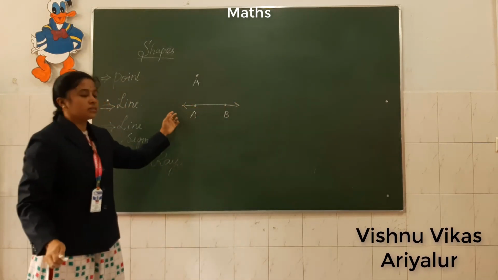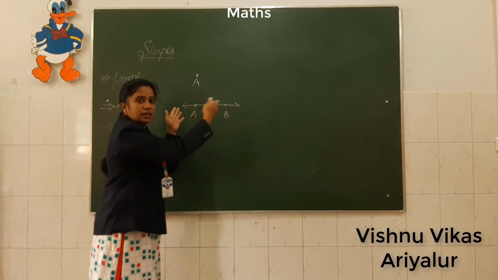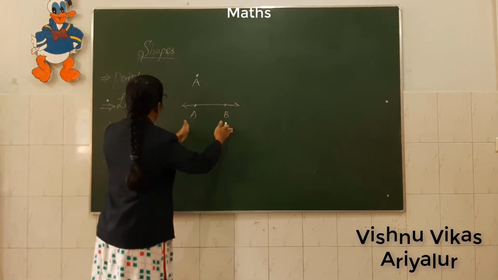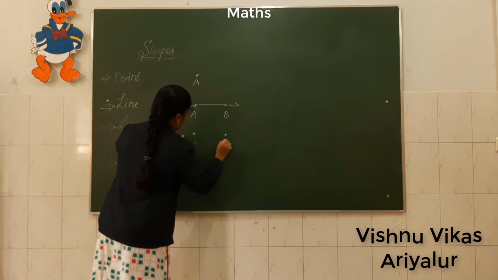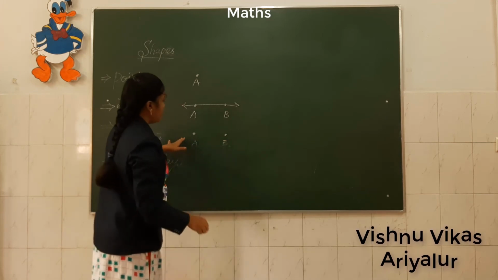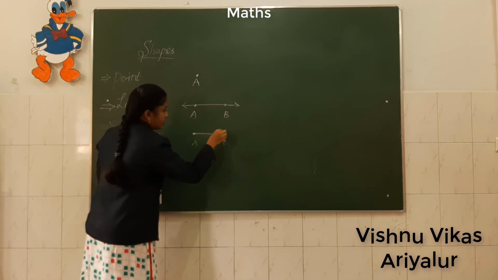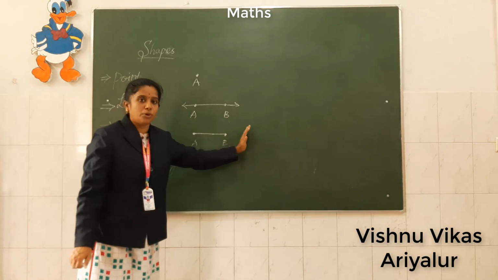So a line has no starting and ending point. It can be extended, so you can extend on both sides. Now, taking a part of the line gives a line segment. So this is A, B. It starts with point A and ends with point B. So a starting point is there, an ending point is there.